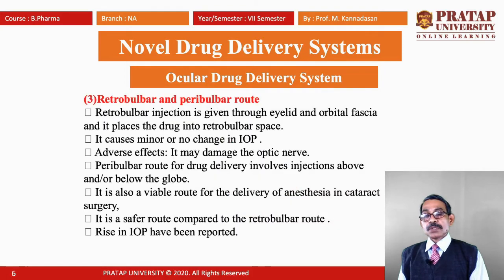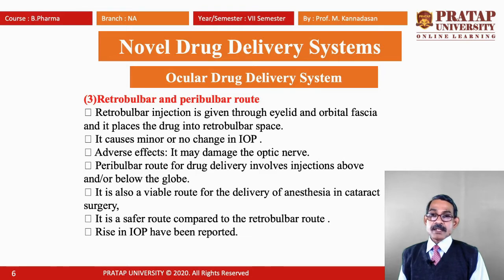So with this connection, now the route of administration is the retrobulbar and peribulbar route, where retrobulbar injection is given through the eyelid and orbital fascia, and it places the drug into the retrobulbar space.